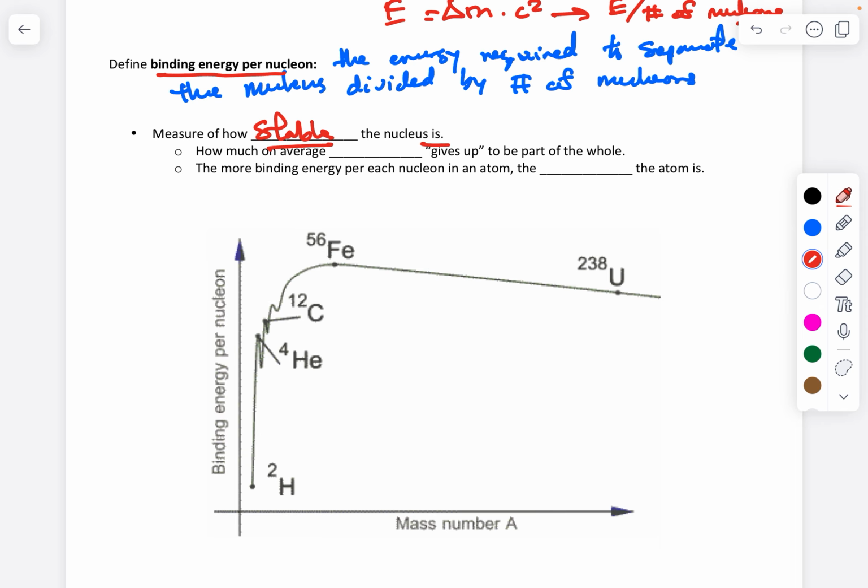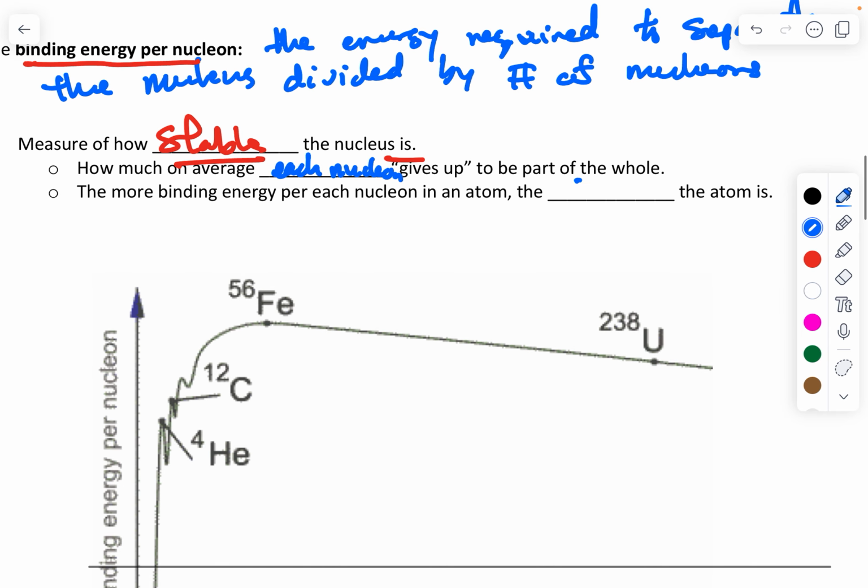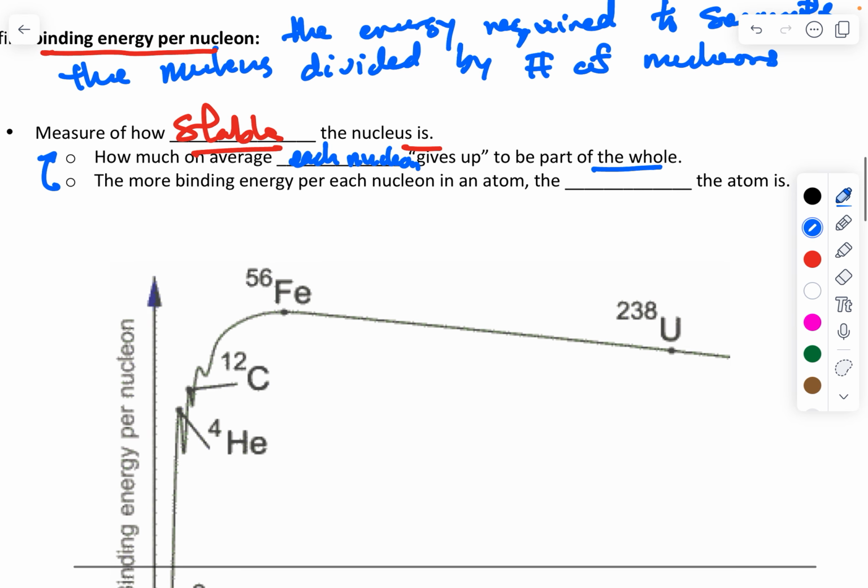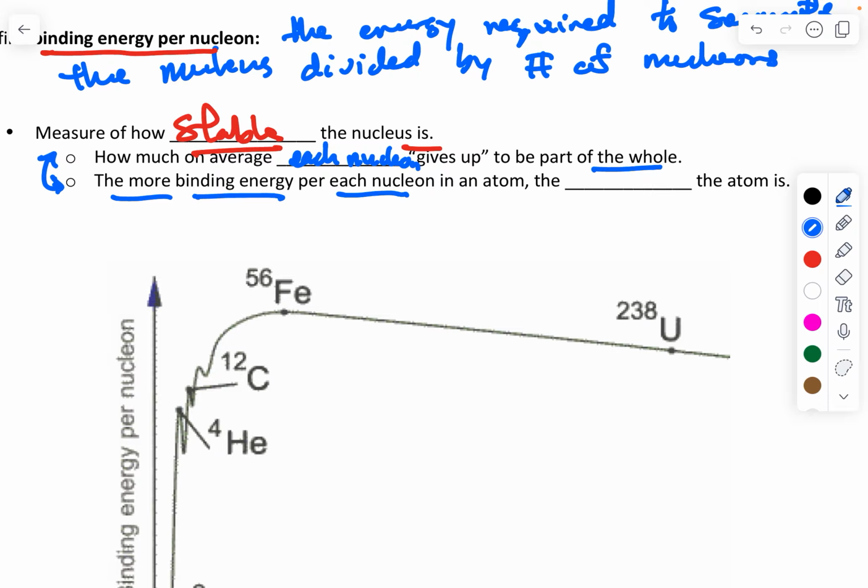There are two things that we care about when it comes to stability. First off is how much energy on average each nucleon gives up to be part of its whole, which is kind of the same idea as the next one. The more binding energy per nucleon in an atom, the more stable the atom is.